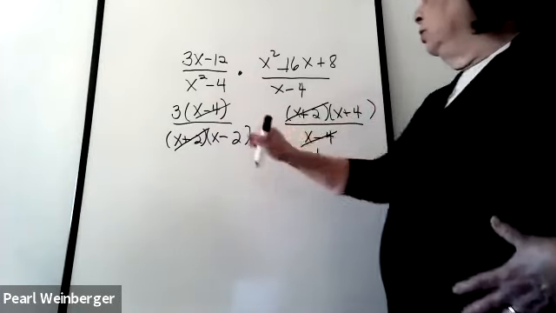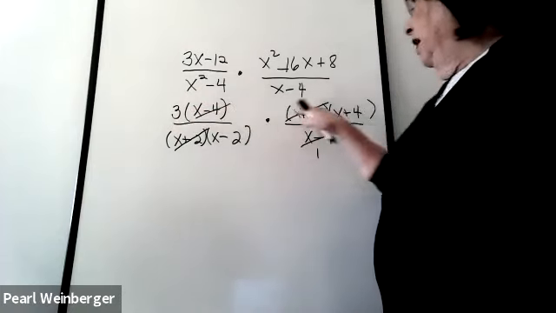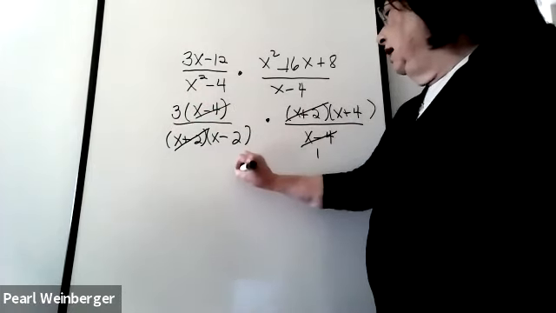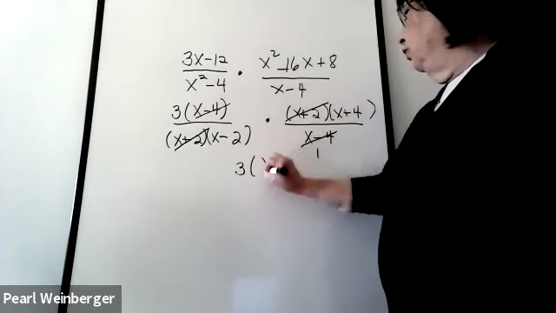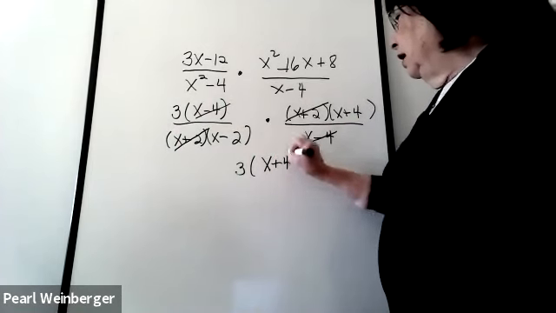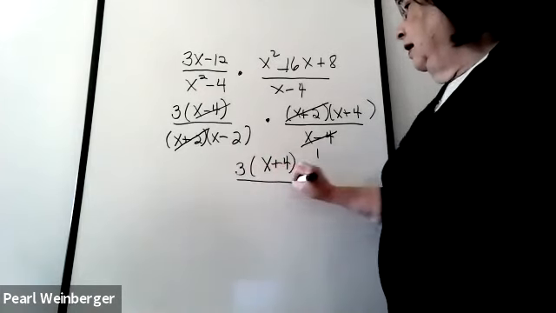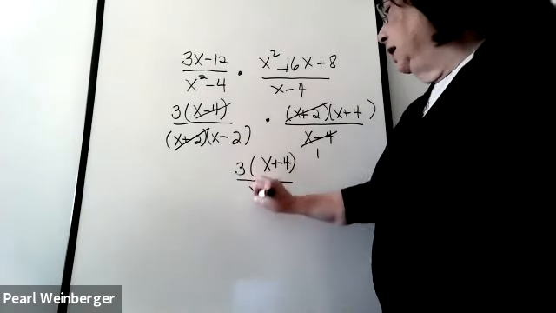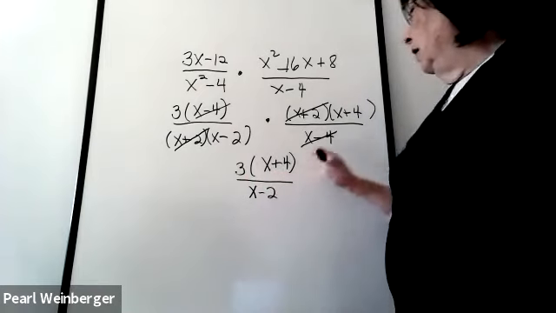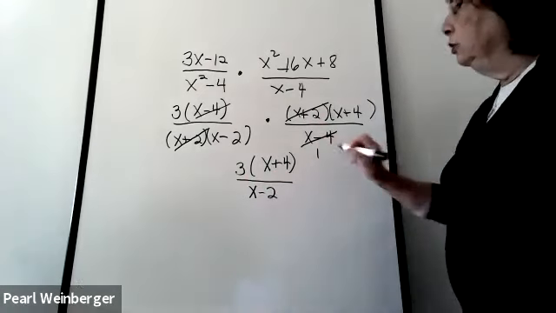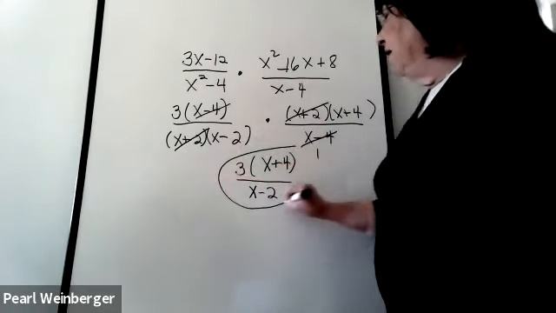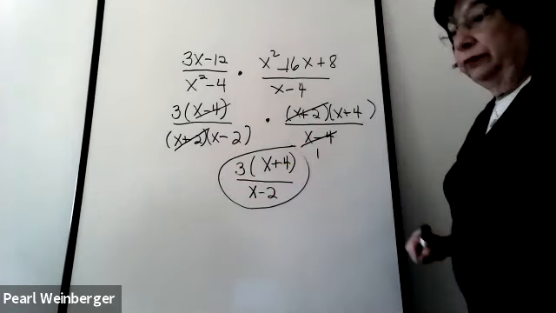So my answer is, I'm left on the top with the 3 and the x plus 4. That's my numerator. And I can leave it like this in factored form. And in the denominator, I have an x minus 2 times 1, which is just x minus 2. So this is my final answer.